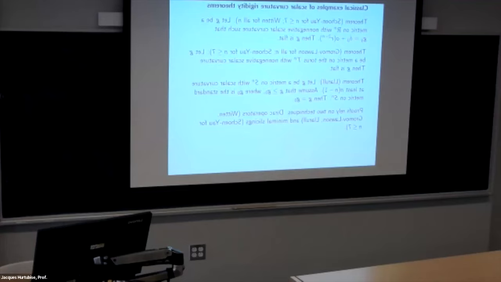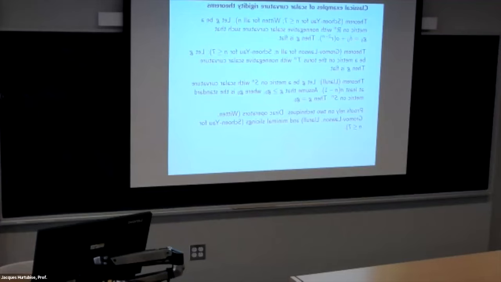Here the dimension is at least 3, and we want the decay to be faster than r to the 2 minus n. Under that condition, if the metric has non-negative scalar curvature and has this decay, then it follows that the metric has to be flat.